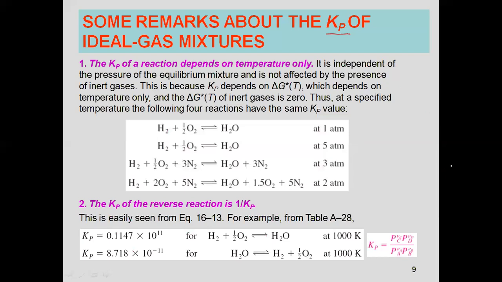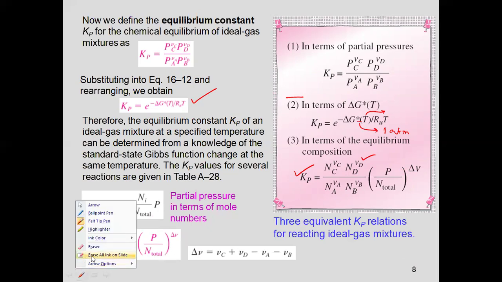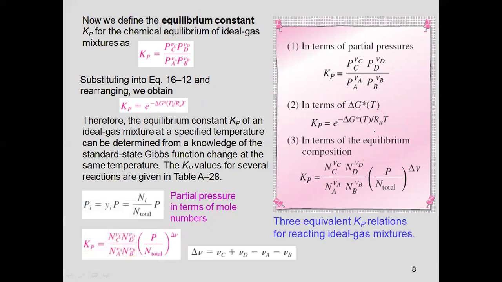If you follow these three expressions, this one, the second relation, you see that Kp is expressed in terms of delta G star T over R_u T.